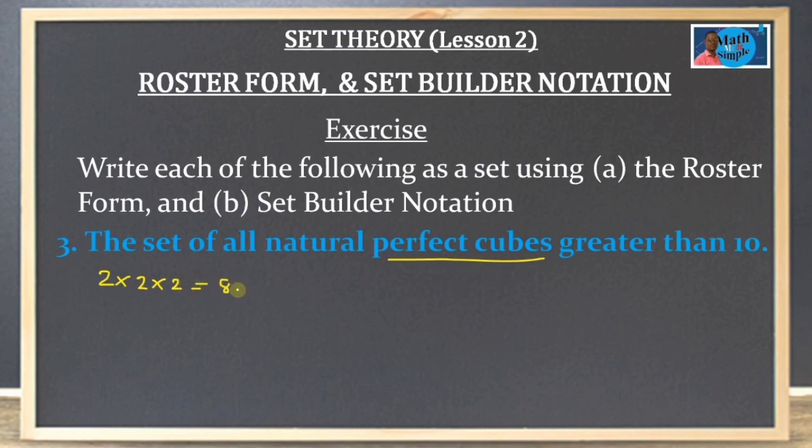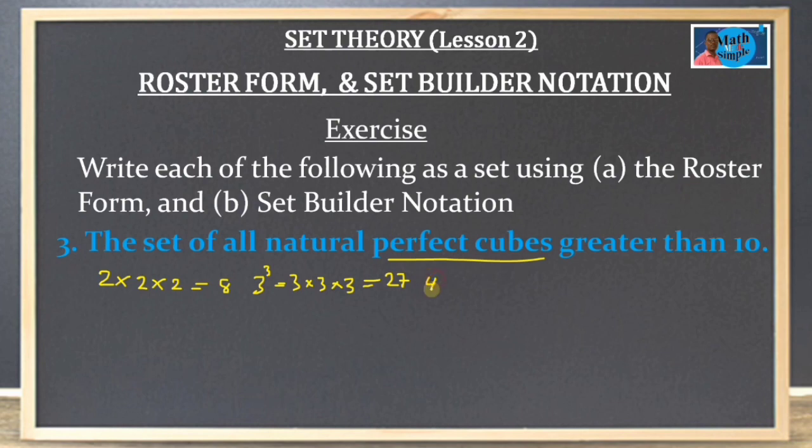So 8 is a perfect cube. Then we also have 3 cube, which is 3 times 3 times 3. That is 27. So 27 is a perfect cube.